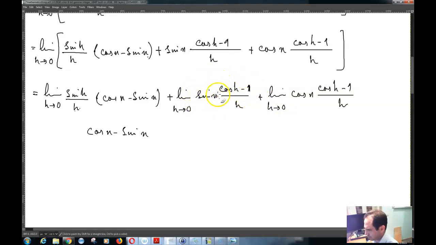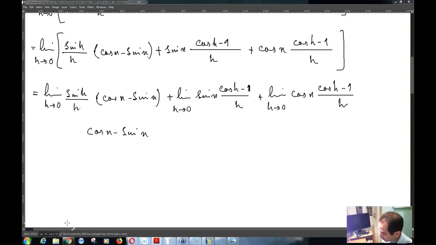I don't really know what this is: the limit of sine x times cos h minus 1 over h. Let me go back and take a look at these things and see if there is something that I'm missing here.